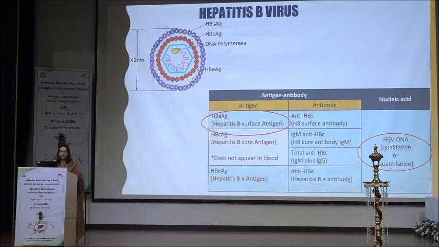Once HBsAg is there, the antibody against it is formed, which is anti-HBs. There is a core antigen which is inside the core of the virus, but this is never released into the blood. So this is not the antigen we are looking for. However, the antibodies which are formed against this antigen, IgM core, IgG core or total core, they are the ones which tell you about exposure to infection.